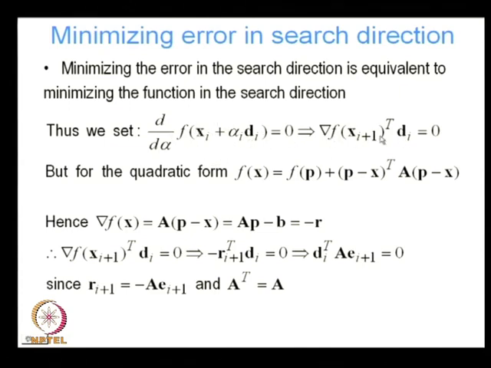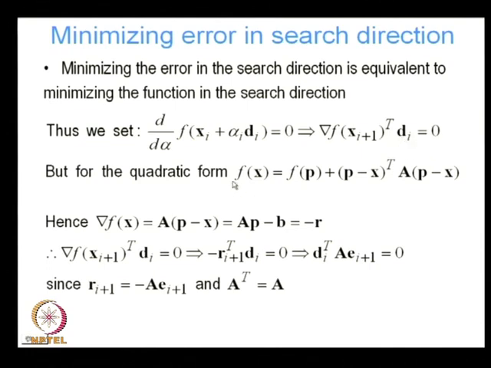So, gradient at x_{i+1} transpose times d_i must be equal to 0. I showed you how this comes: we are first taking the derivative of f with respect to its argument, and then taking the derivative of the argument with respect to alpha_i, and that is how we get this d_i. So, that is the condition I get.